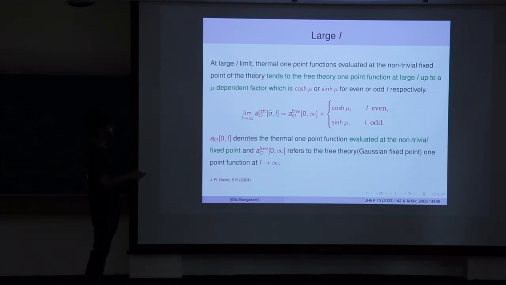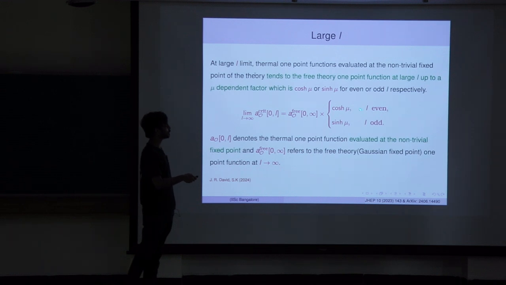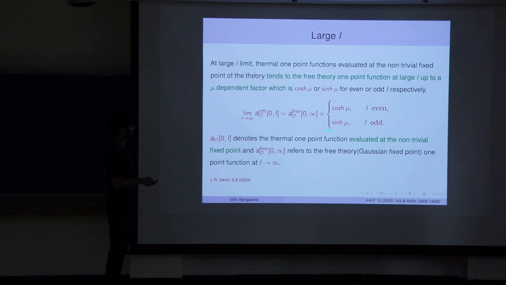You have the thermal 1-point function at the critical point, or the non-trivial fixed point, and you take the large L limit of this thermal 1-point function at the critical point, and that is equal to the large L asymptotic value of the free theory 1-point function times this cosh mu and sinh mu for L even and odd respectively. So you can see this nice factorization of the chemical potential dependence here.